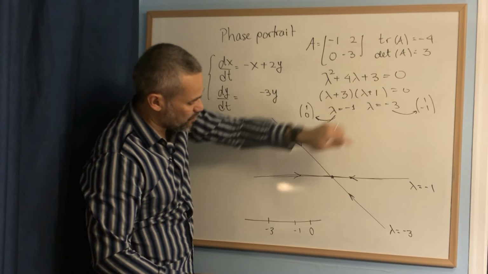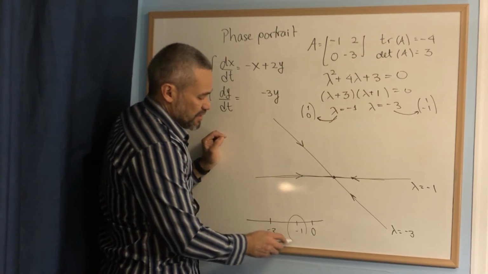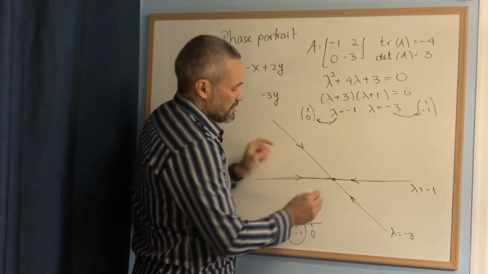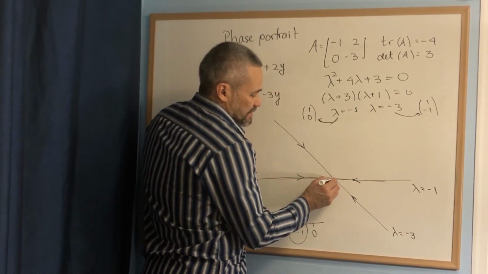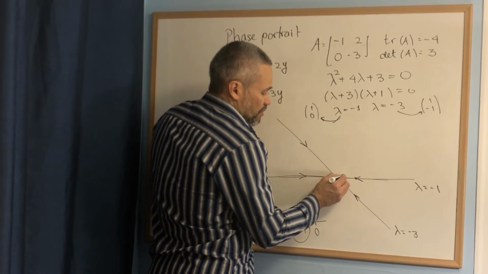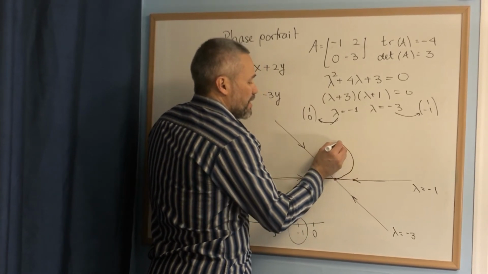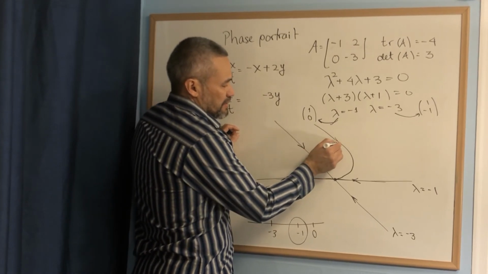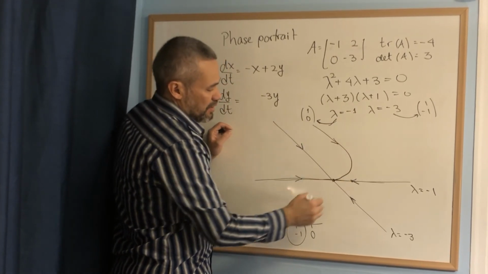Which one is closer to the origin? This one is closer to the origin. That means that this semi-line is the one playing the role of the x-axis, in the sense that the orbit is going to look like this, almost tangent to this line, and far away it is parallel to the other line. The direction goes toward the origin.